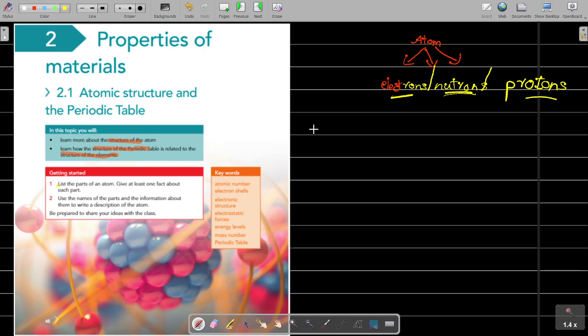Okay, first I'll write about proton. So one fact about proton. A proton is a stable subatomic particle.